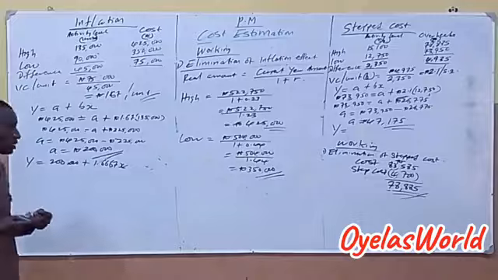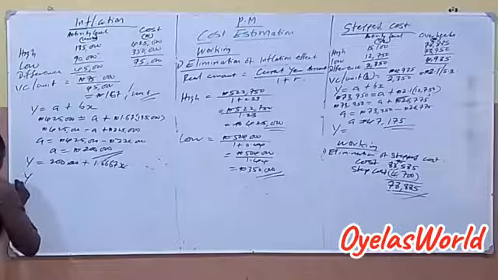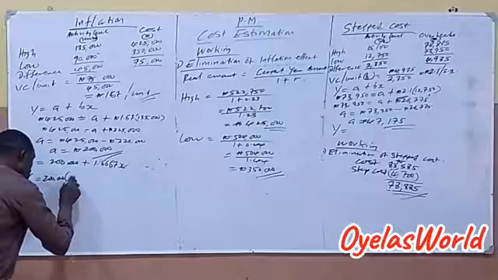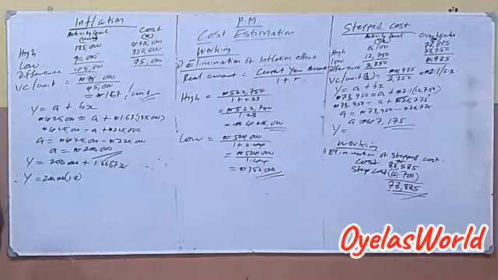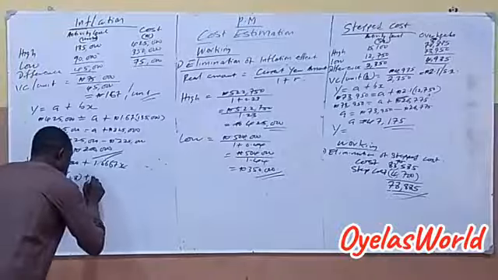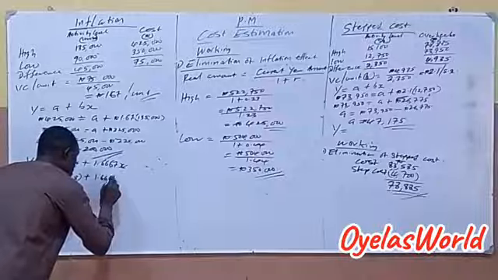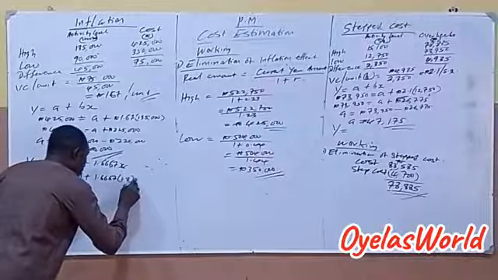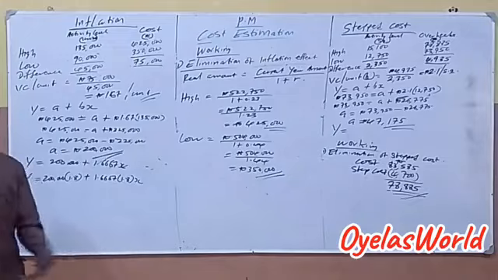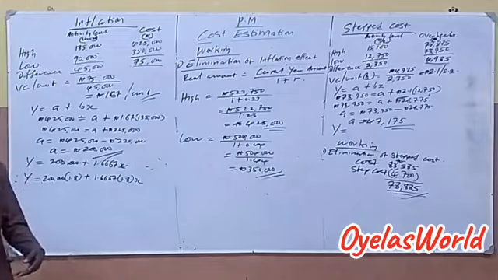So therefore, our Y will now be 200,000 bracket 1.8, a real figure, we are increasing it, abi? Am I right? Plus 1.6667 bracket 1.8x. You are now embedding the inflation effect. You are increasing it.